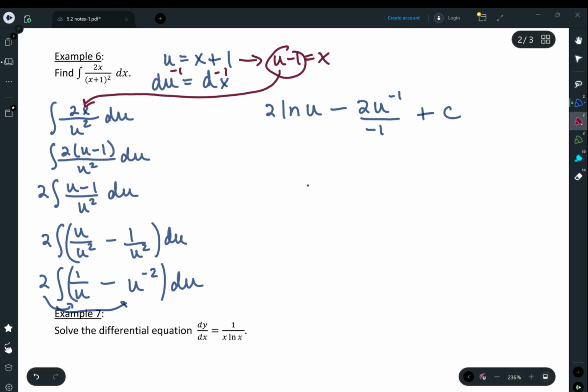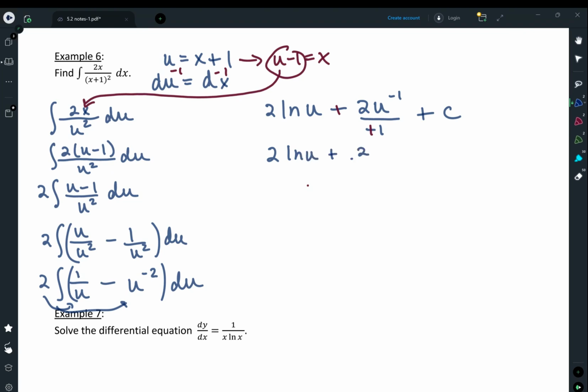So let's go ahead and clean up a little bit here. I'm not going to put u back in yet. I'm going to rewrite this as 2 times the natural log of u plus 2 over u plus c. And then I would want to actually substitute u back in.